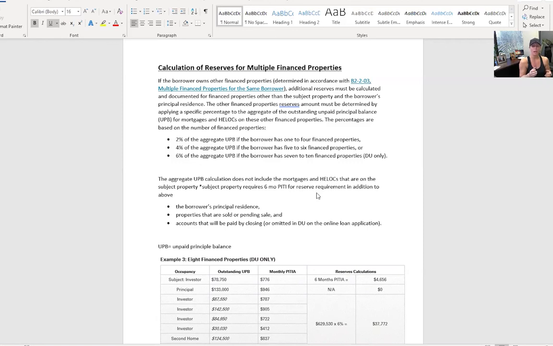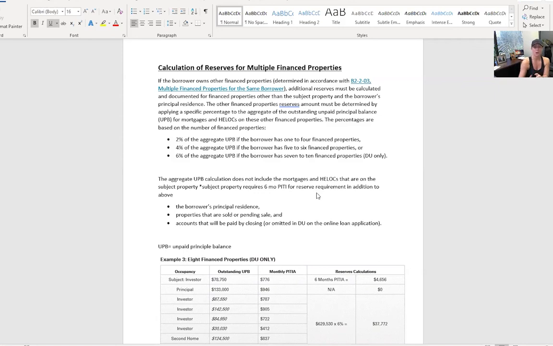But remember, as you continue to acquire these properties, chances are the monthly passive income you'll be gaining, $200, $300, $400, $500 a month, right? Unless you're going to be using that for living expenses, what's going to happen with that money? You're probably going to be stockpiling it. Those funds obviously could be used for the reserve requirement over time, and that's going to continue to build up and snowball.